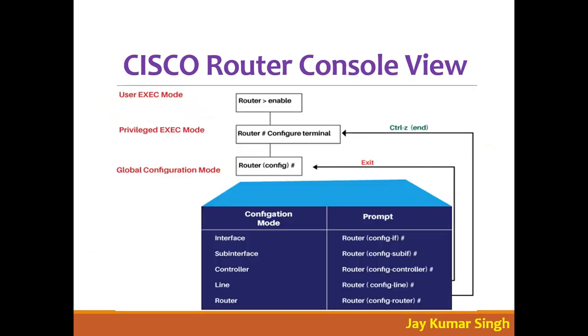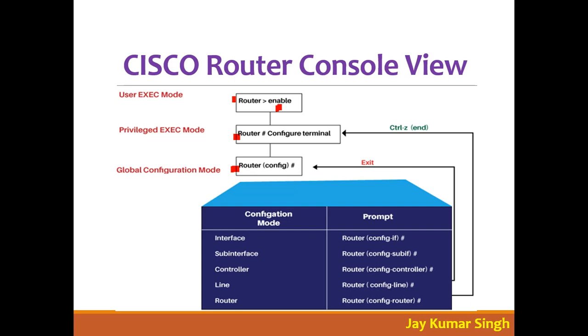If you see here, user mode, whenever you want to jump from user mode to privilege mode, you have to type the enable command. From privilege mode you type configure terminal, and then you can move to global configuration mode.